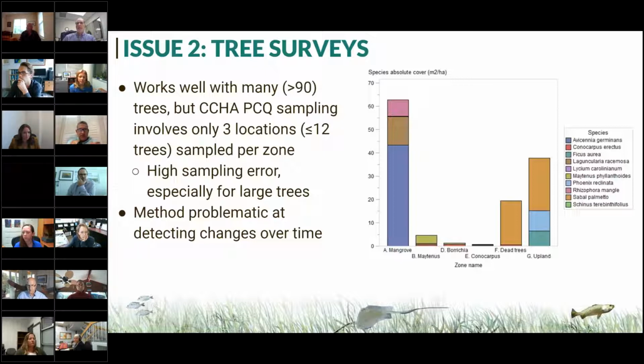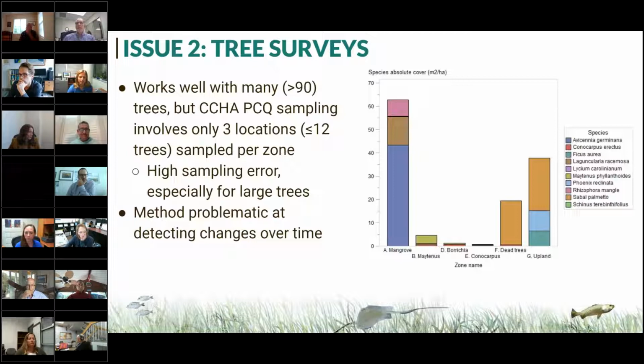So this leads to really high sampling error, and I found with making the calculations in the past that we tend to be missing the trees that are large and occur less frequently, because if a sapling happens to occur closer to the point where your starting points, you have to measure the sapling as the closest tree, and you miss that larger tree that might be further away. And also, if you happen to capture a large tree close to that point, it can really skew the measurements due to the really small sample size.